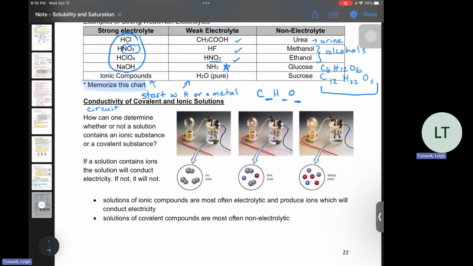How can one determine whether or not a solution contains an ionic substance or a covalent substance? If a solution contains ions, the solution will conduct electricity.